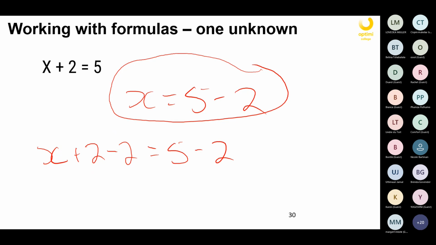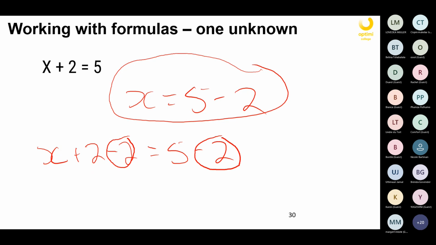Remember what I said earlier about multiplying by 1 for a fraction to still be the same? In terms of the equation, if you do something on the one side and you do the same on the other side, the equation is still true.